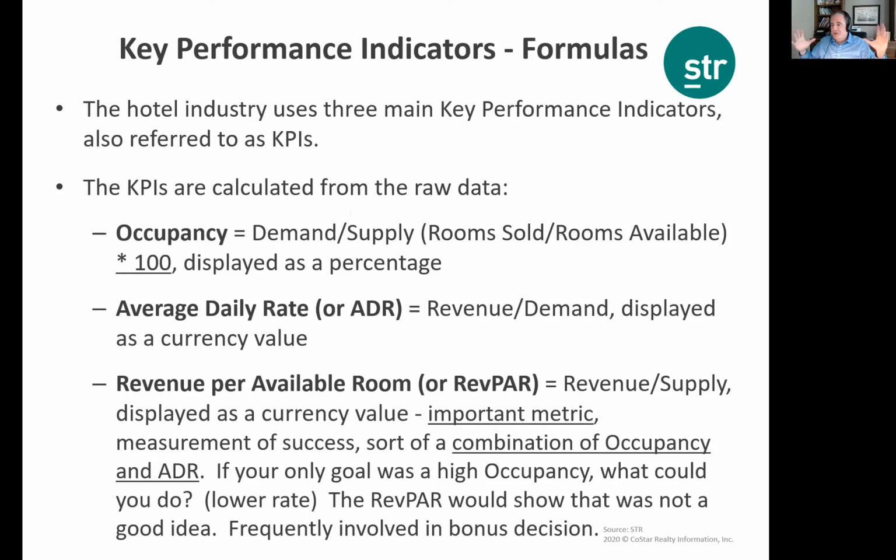So your occupancy would be low. There again, the RevPAR would show whether you're really doing good business. Frequently, RevPAR is involved when you're talking about the bonus for the general manager. That's what they're looking at.